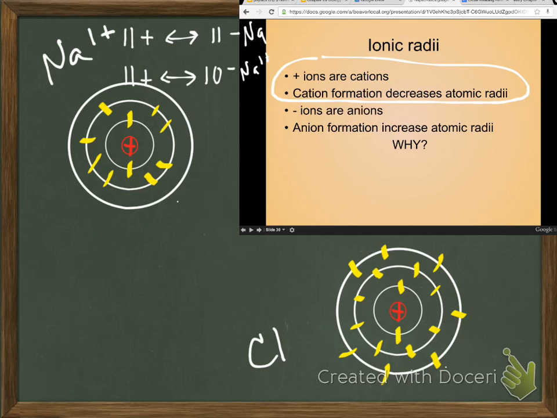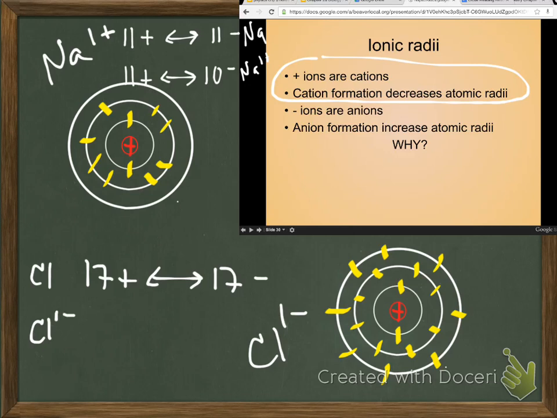So if chlorine manages to pick up another electron, and we now have a chlorine 1 plus. In neutral chlorine, we had 17 protons exerting a force on 17 electrons. Tug of war. It's evenly matched. Whoops, did I say chlorine 1 plus? Chlorine 1 minus. Added an electron, it's negative.